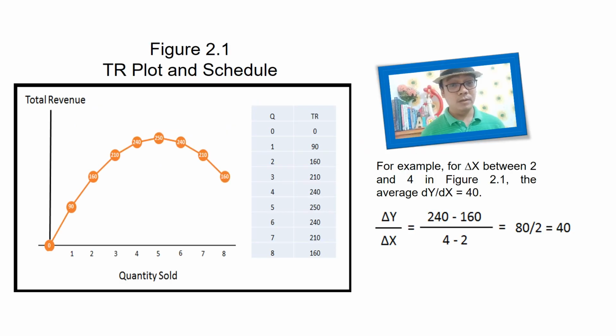For example, for change in x between 2 and 4 in figure 2.1, the average dy over dx is 40. For a smaller change in x between 2 and 3, the average dy over dx is 50. Note that the smaller the change in x, the closer is the value of the derivative to the slope of the curve at a point.